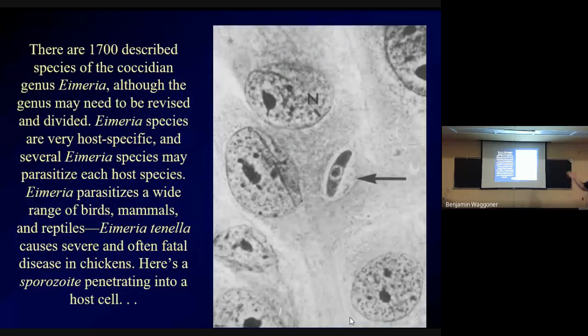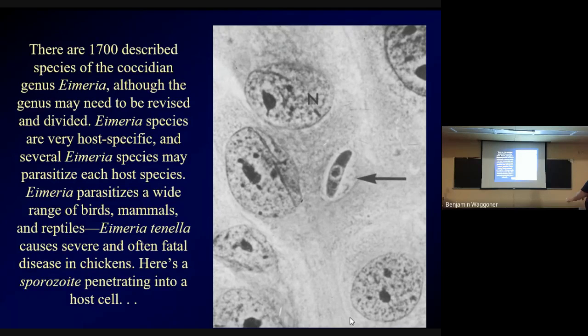Okay, so there are 1,700 described species of Eimeria. They're very host specific, and you may have several species of Eimeria that can parasitize one host. Eimeria tenella is a severe pest of chickens, and here's what this looks like. There's a sporozoite penetrating into a host cell.